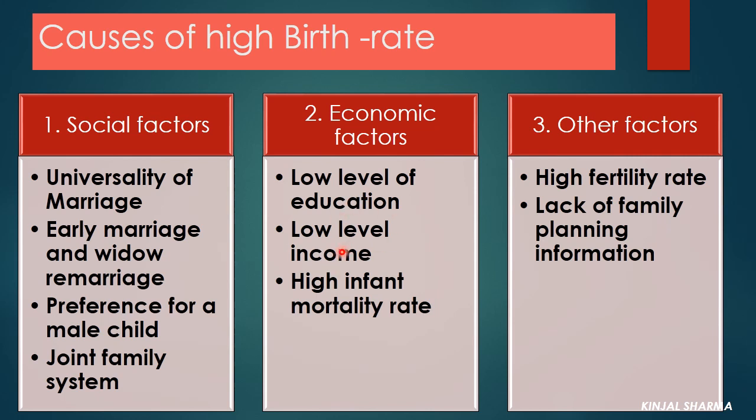Second is low level of income. That is, if the family income is low, the birth of a child is considered to be an asset rather than a burden. Now why is it considered an asset? Because they think that the more the persons, the more the income. This is the mentality of the people. It is expected that the child also contributes to the income of the family in future.